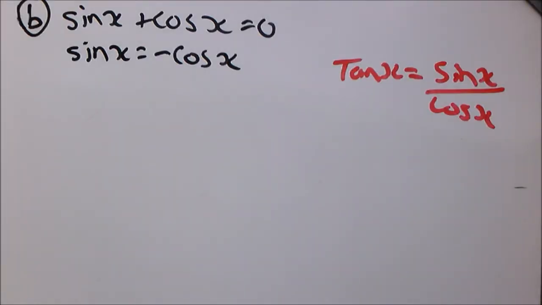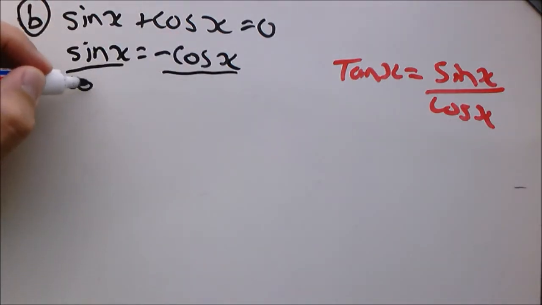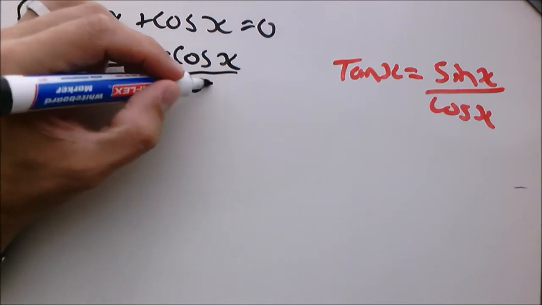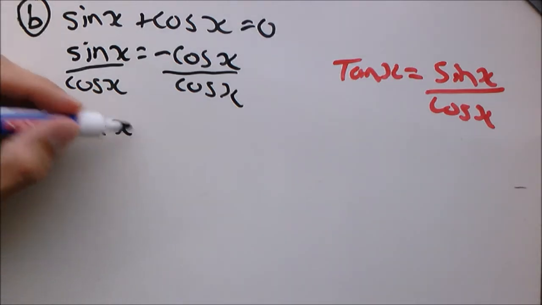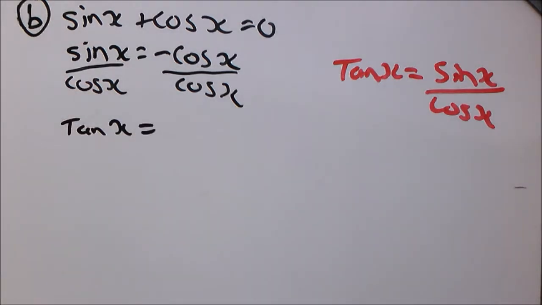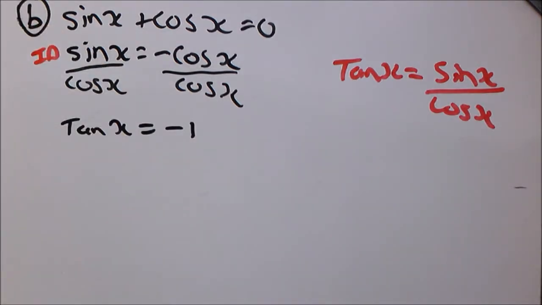We are using that to calculate this further. So we are dividing by cos x on both sides. By doing that, on the left hand side we have a tan x, by applying the identity. And then on the right hand side it simplifies to a negative 1.